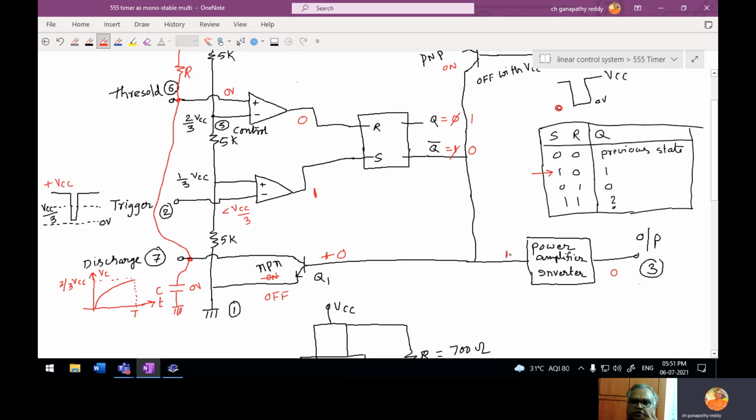And when this 0 is coming here, the output will be 1. That means as and when I apply a trigger, immediately the output will go to high state.